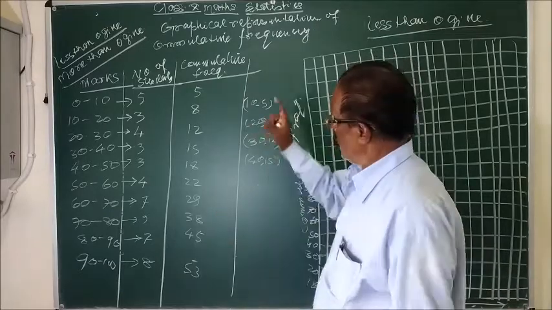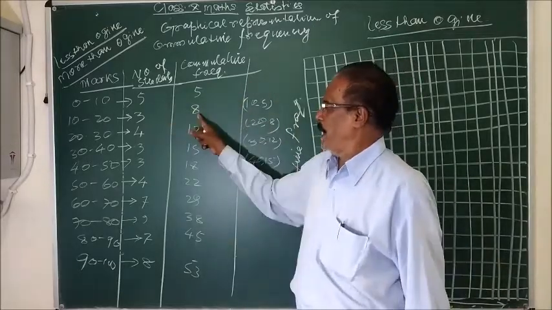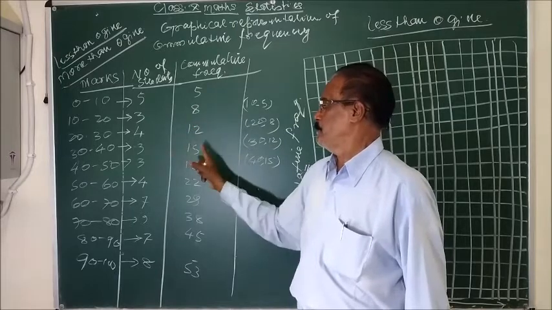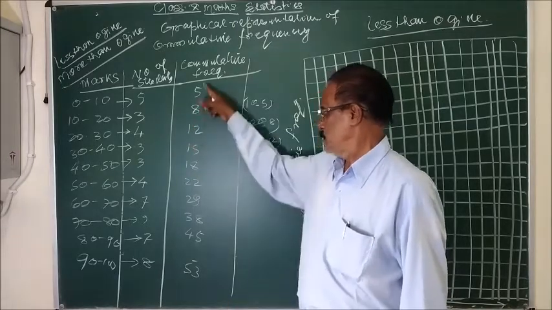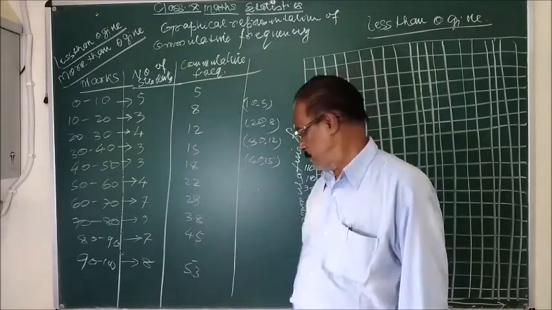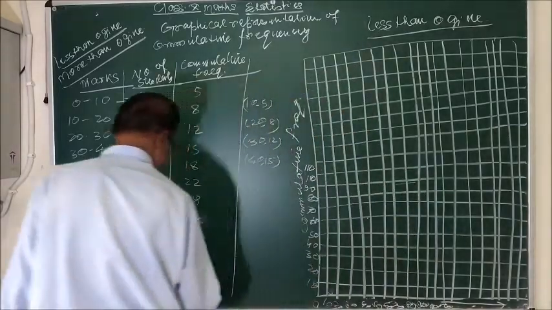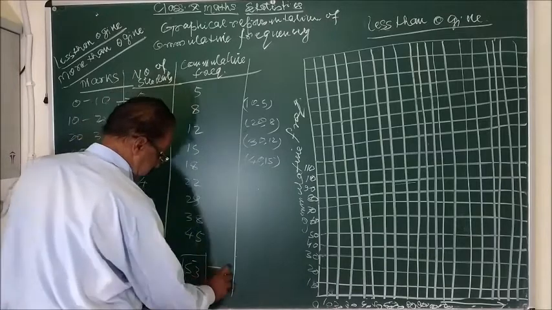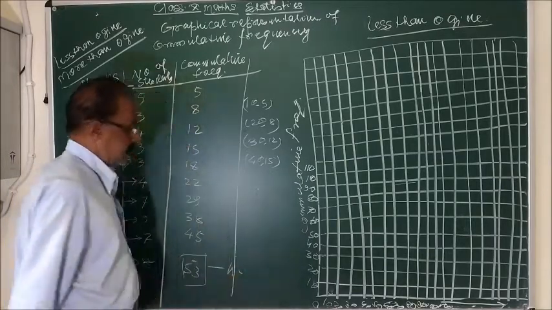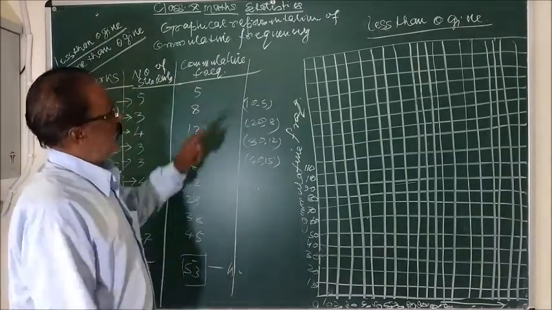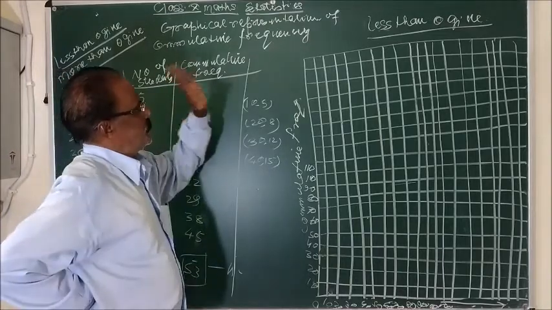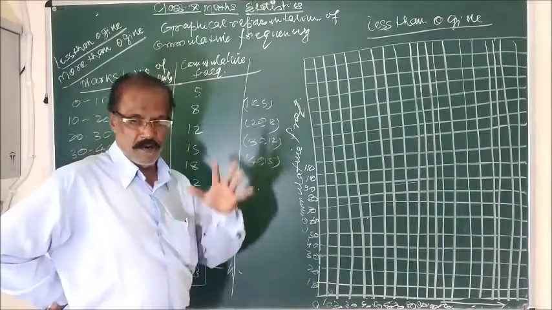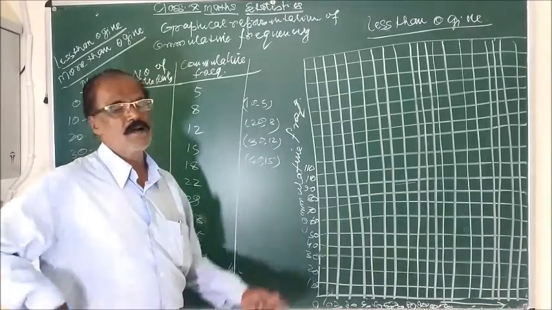Understand? So 5, 8, 12, 15, like this. The last observation which we obtain, that is n. Now you see, there are two kinds of ogive, less than type and more than type.